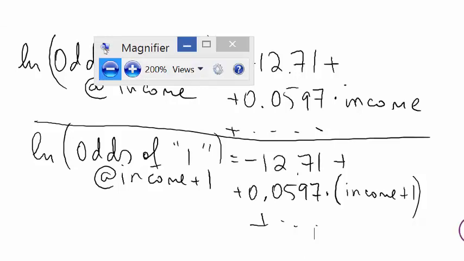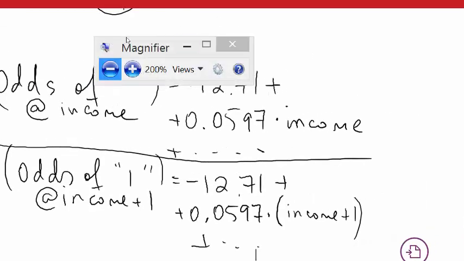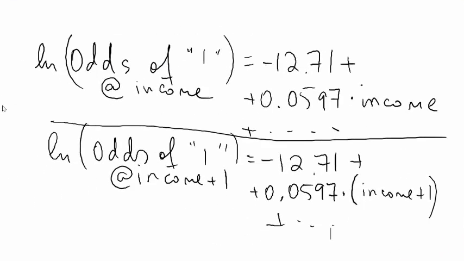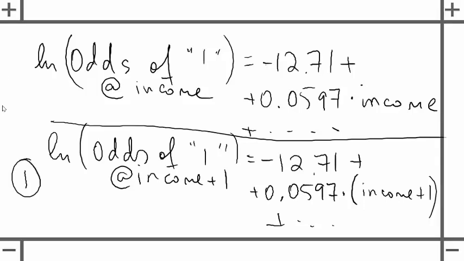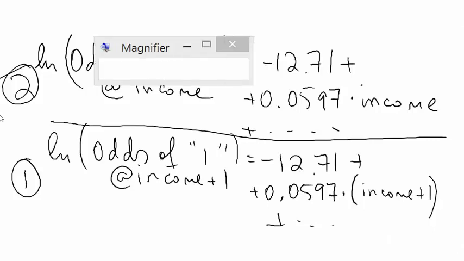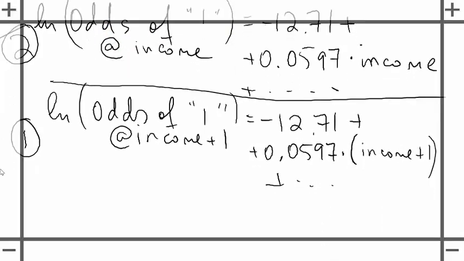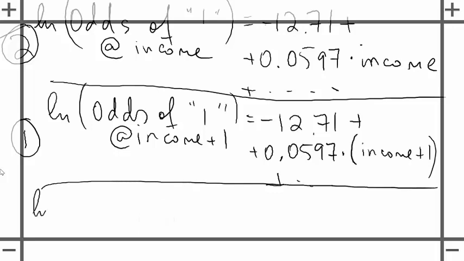Make sense? So here's what I'm going to do. I'm going to take expression 1 and subtract from that expression 2. On the left side, I'm going to have natural log of odds at new income plus 1, right?